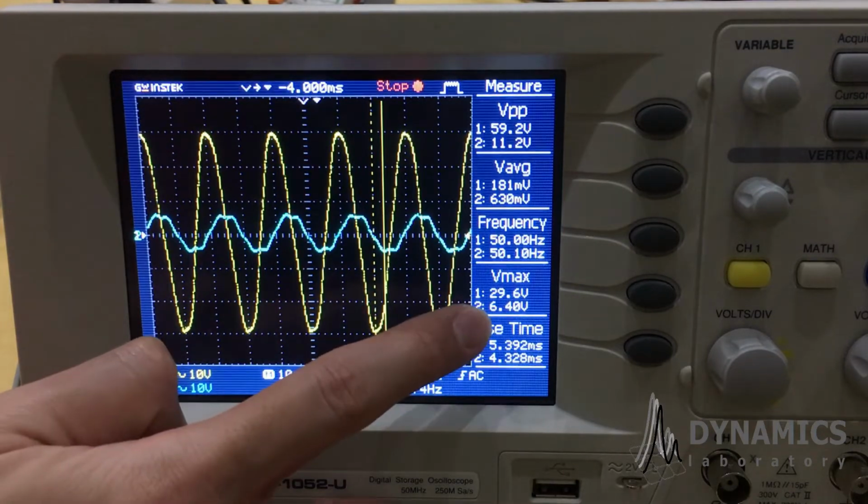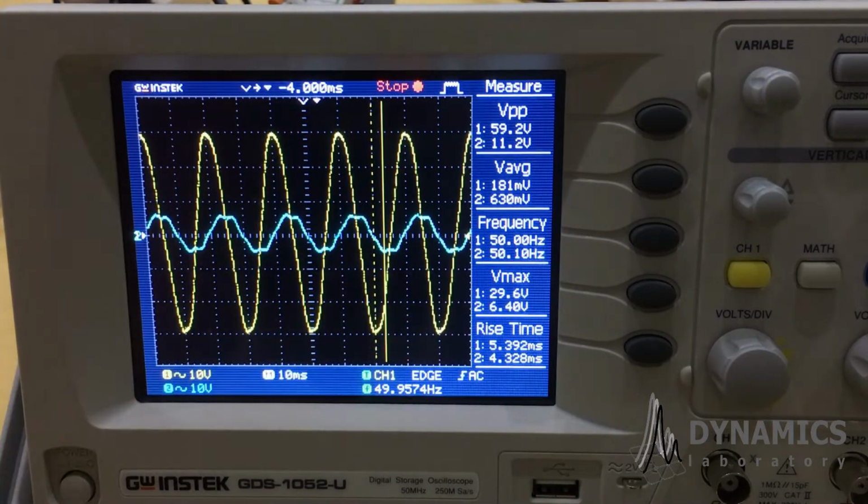That's why in here the unit is always volt. Back to channel 1, Vmax is 29.6 volt. Remember, we use the voltage divider. That's why the voltage flowing to the oscilloscope is reduced.